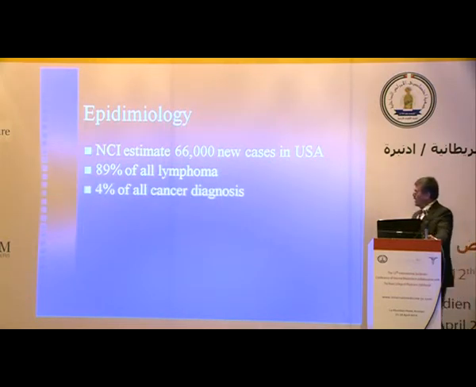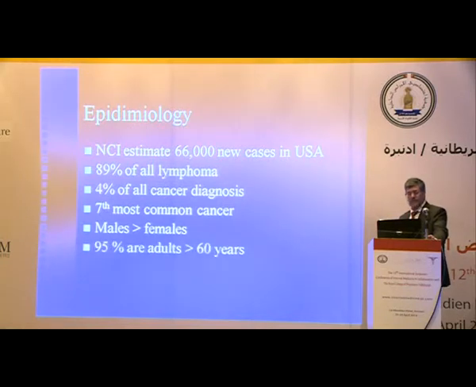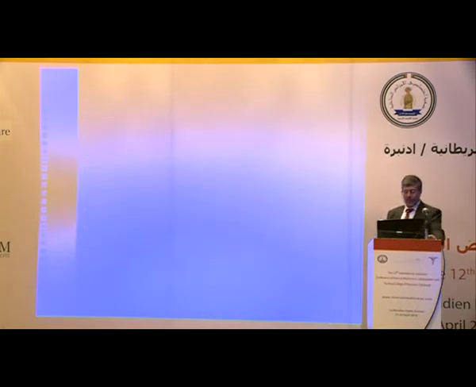It represents about 4% of all cancer diagnoses, and is considered the seventh most common cancer in the US. It is a little bit more predominant in males than in females in the US, and 90% of them are adults, and the majority are above the age of 60.